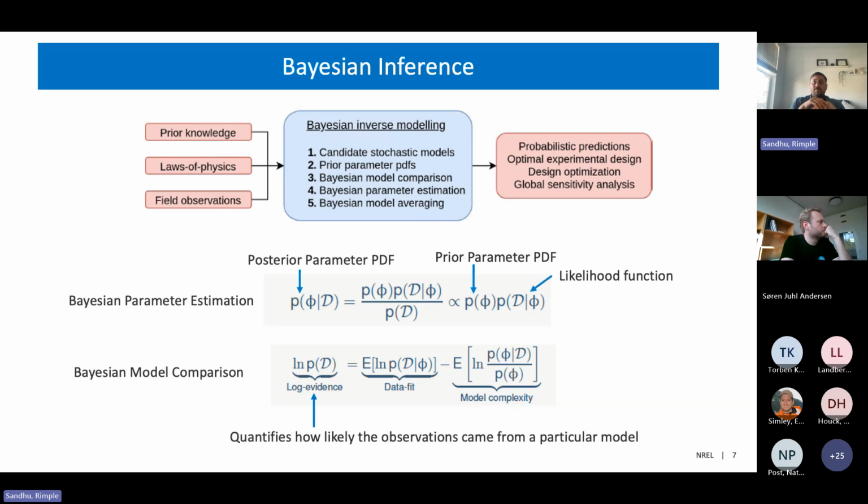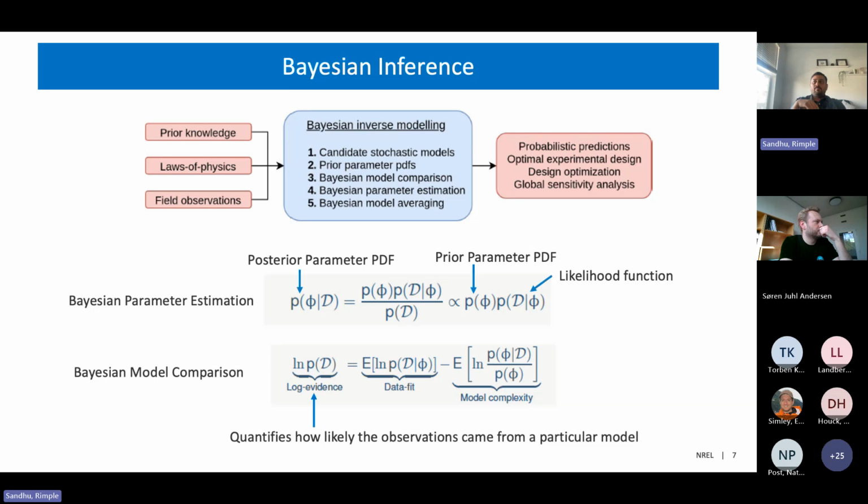So you're trying to compute the posterior parameter PDF. You can write this equation as: P of phi is the prior distribution, and P of D given phi is the likelihood function that captures the model. The denominator is usually ignored because it's an integral, for parameter estimation purposes, and you write the equation with a proportionality sign.